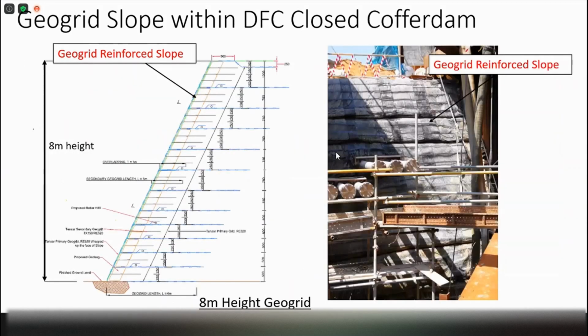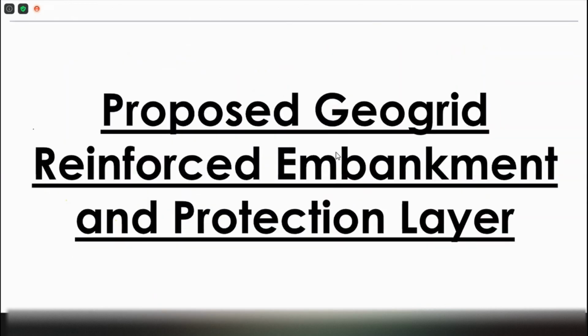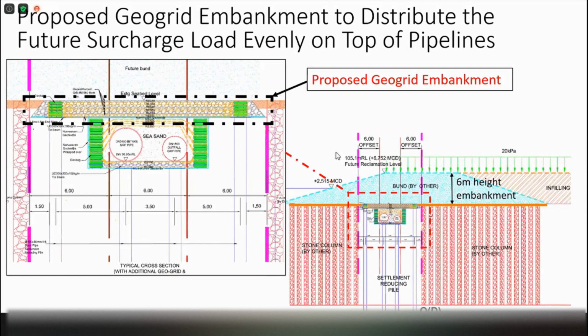And then we also have another case. We apply this in actually many areas in the same project because we found that it's so convenient to be used to form a steep slope within the excavation by using the reinforcement. And we also use it in another way in the same project to actually protect the pipe.